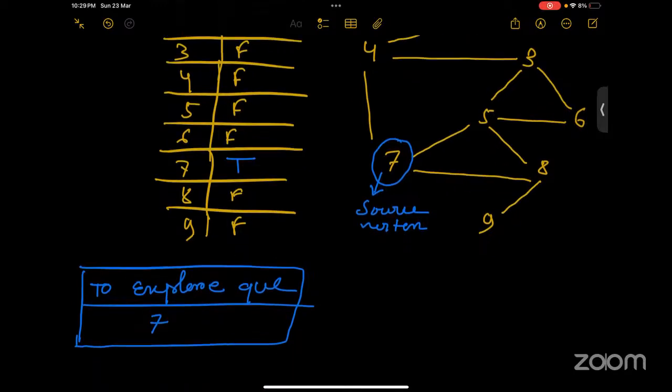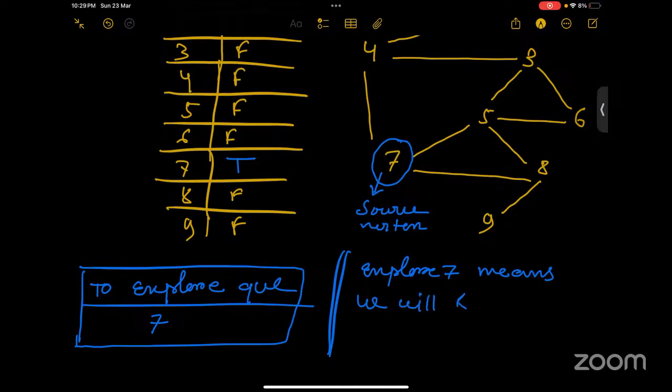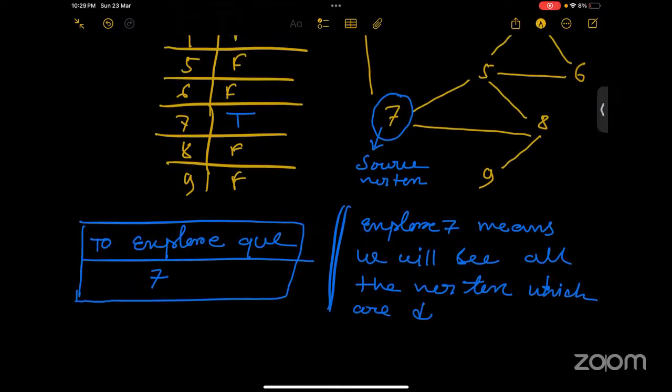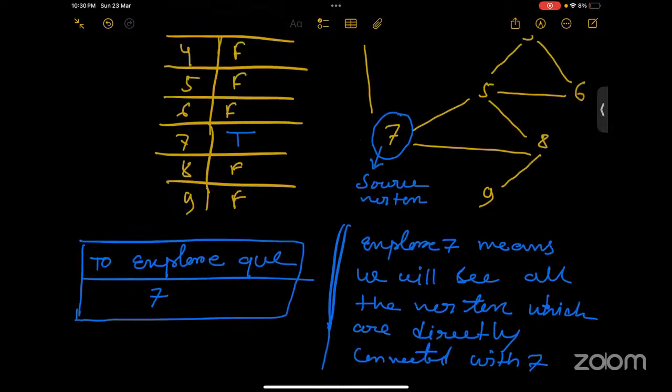So in the note we can write: explore 7 means we will see all the vertices which are directly connected with 7.